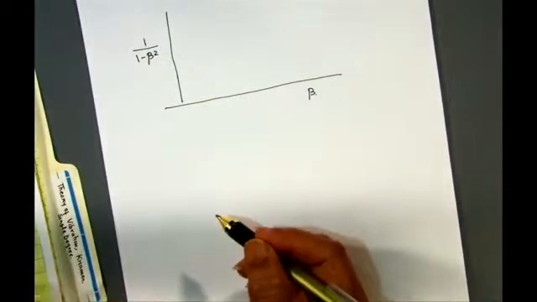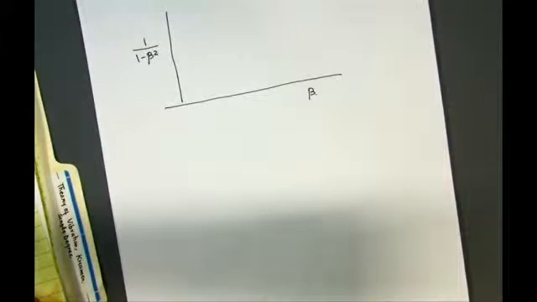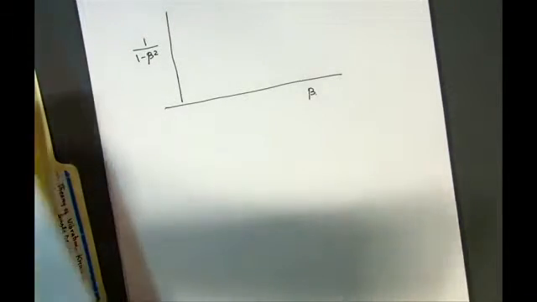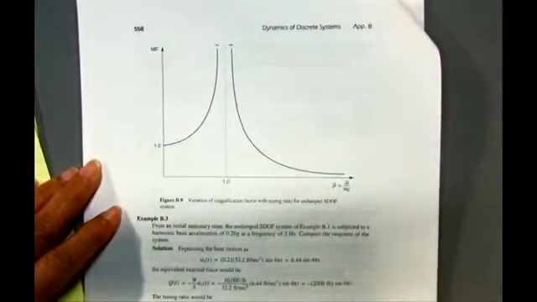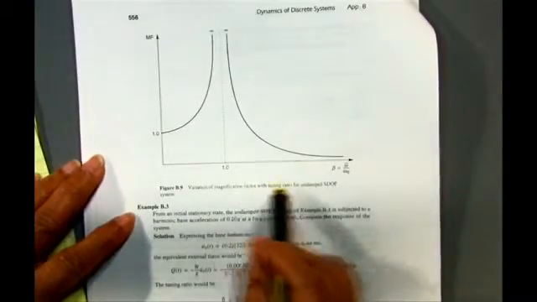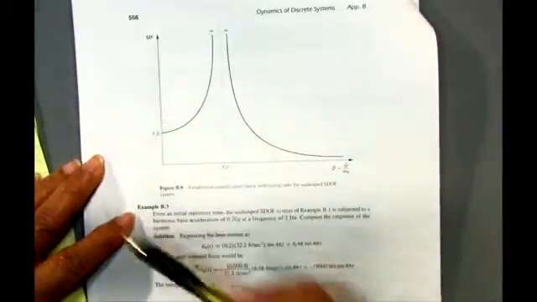Let me just show you what the result will look like, and I think you can find that in the appendix of your book, and I want to focus on what these results really mean in a practical application.